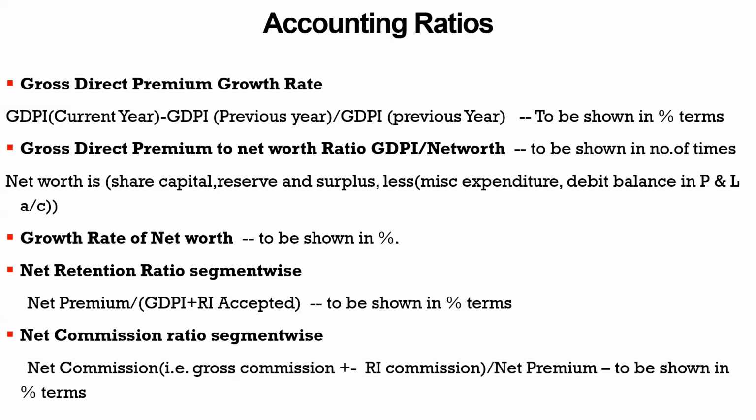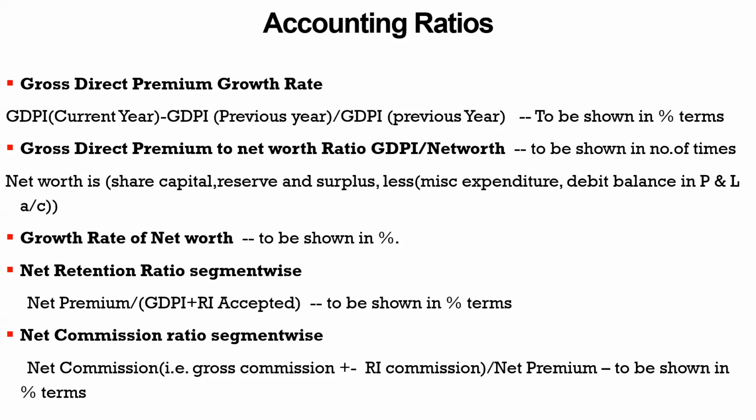Net retention ratio, how will it be calculated? Net retention means the direct premium plus the RI acceptance is the total inward. Suppose our direct premium is 100 rupees and we have also accepted reinsurance of 20 rupees.